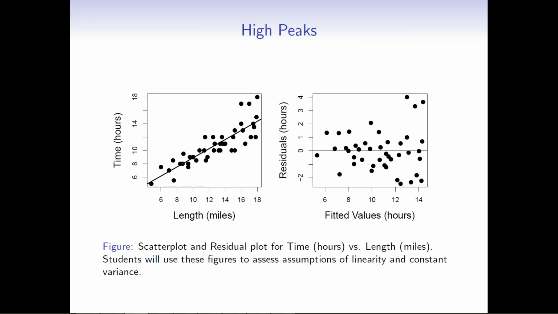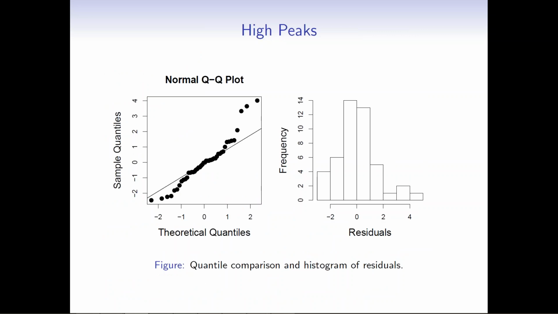They also learn that they need to make sure it was a good model to fit. So on the left, we would look at a scatter plot of these 2 variables, and we would want to see that the scatter is roughly linear and aligned with the correct model. On the right, we might want to look at the residual plot to verify assumptions of constant variance or linearity within the data. We would want to check the normality of errors assumption, and one way of doing that is with a quantile-quantile plot.